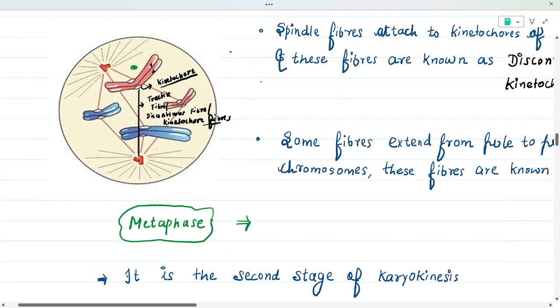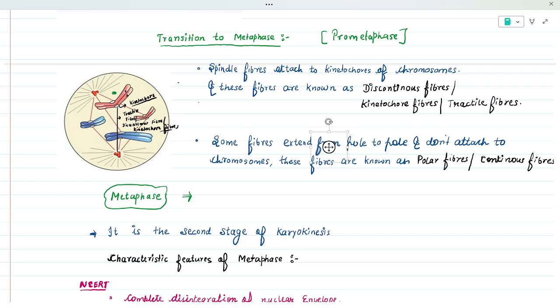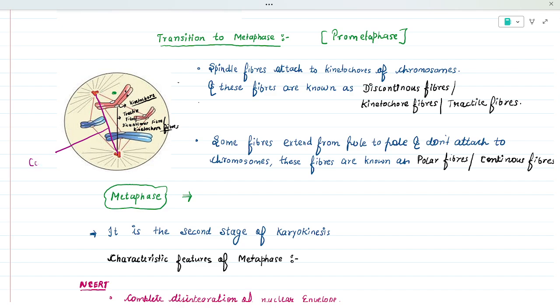So in prometaphase, these spindle fibers come out and get attached to the specific sites, and also this pair of centrosomes is attached to each other with the help of one spindle fiber which is known as the continuous fiber, that attaches one pole to another pole, a pole to pole attachment.